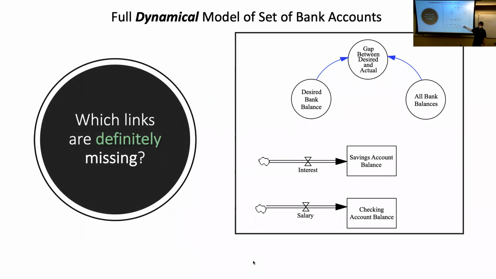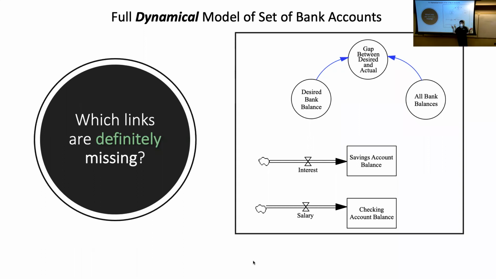And for every stock that's changing over time, I'm going to need either an inflow or an outflow or both. So I draw an inflow into my savings balance, and that's the interest. I'm assuming that that's the only way the savings account balance is changing. And then for my checking account balance, I'm going to have my salary. Given that I have a salary every 2 weeks, I can model that pretty simply as a continuous flow.